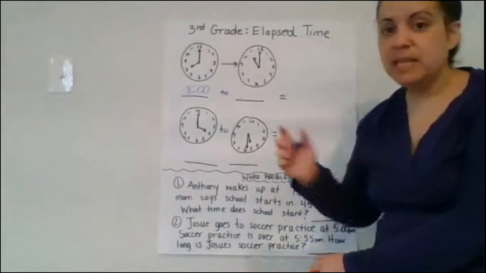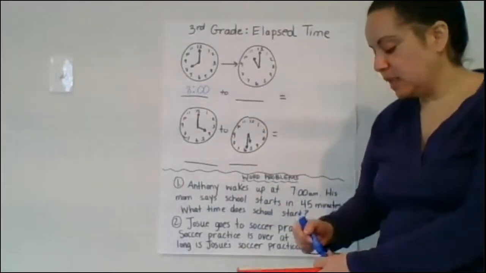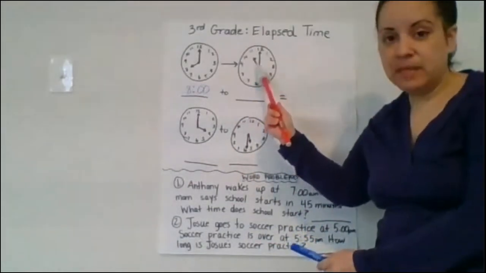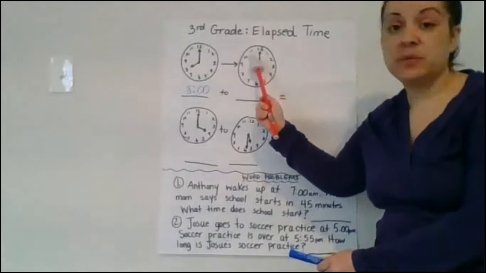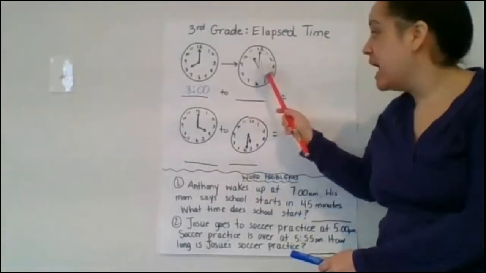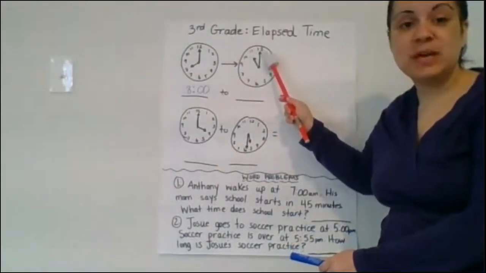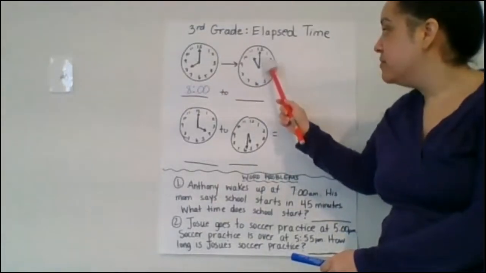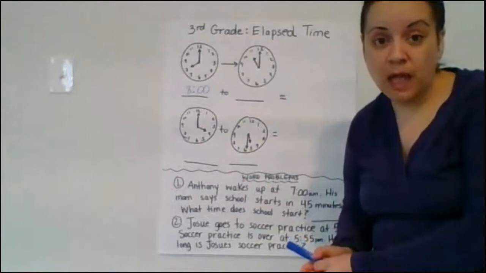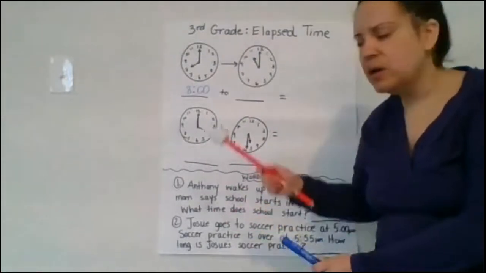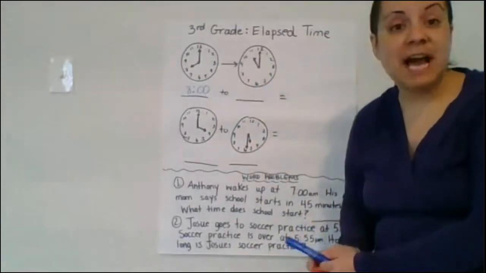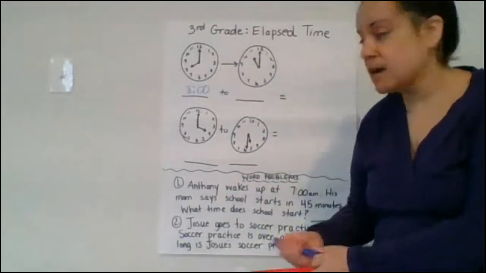Okay? Now, on this clock, I'm going to look at the hour hand again. The hour hand is pointing to the 11, and the minute hand is pointing to the 12. So again, we would say o'clock. But what o'clock? Well, the hour hand is pointing to the 11, so we would say 11 o'clock.